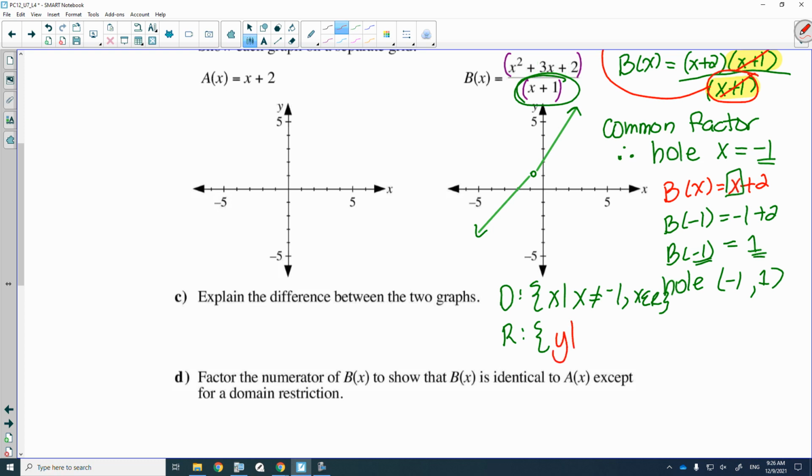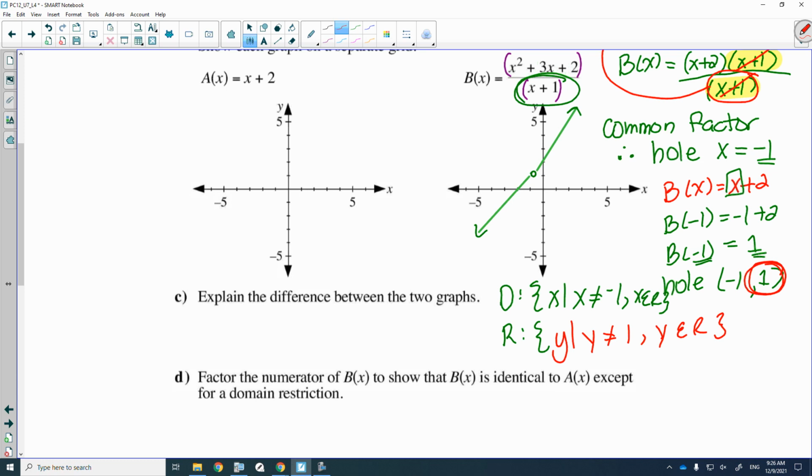It's not going to be y ∈ R. There's one value that y could not be: 1. Yep, it's always going to be the y value of your hole. y cannot be equal to 1, but other than that, y ∈ R.